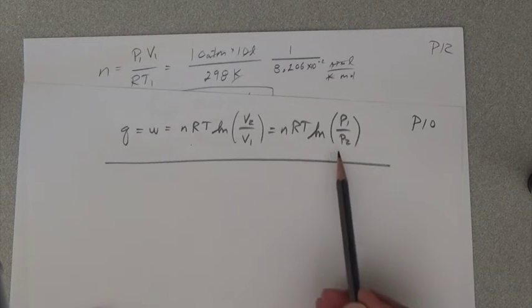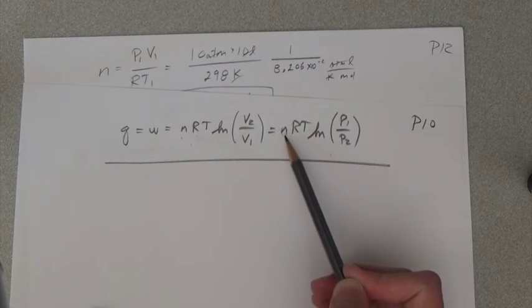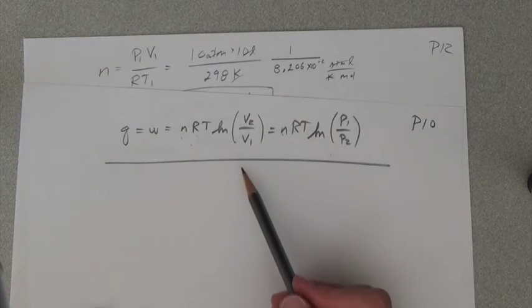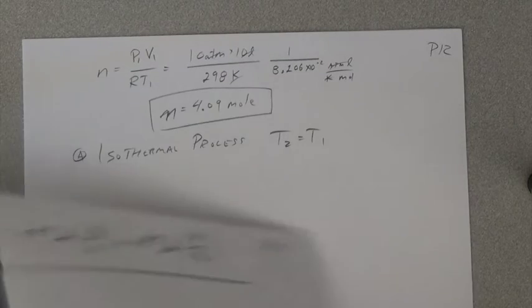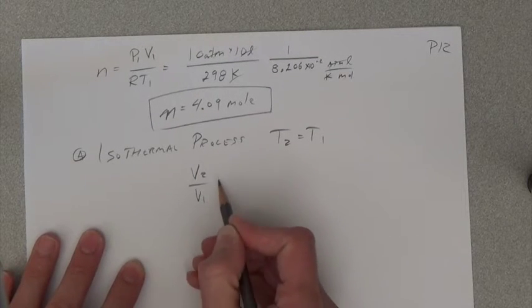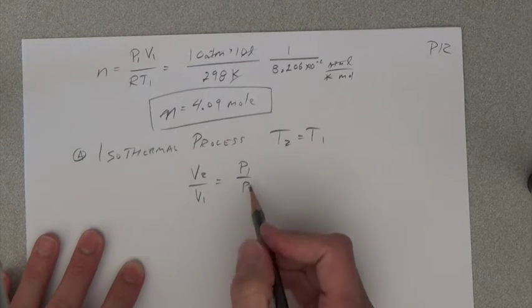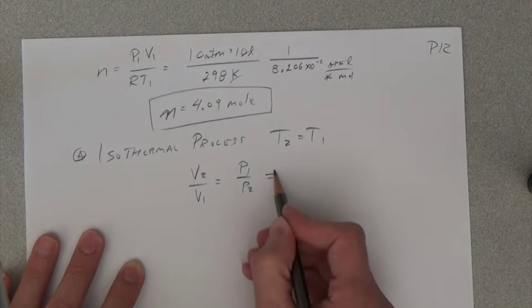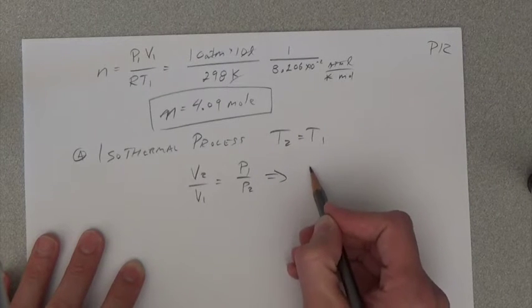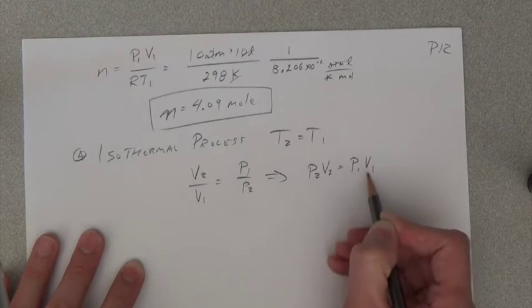So this is equal to this, and if you look, nRT cancels, the natural log, so we can take the exponential on both sides, and that means that we have V2 over V1 is equal to P1 over P2, and that can be rearranged to P2 V2 equals P1 V1.